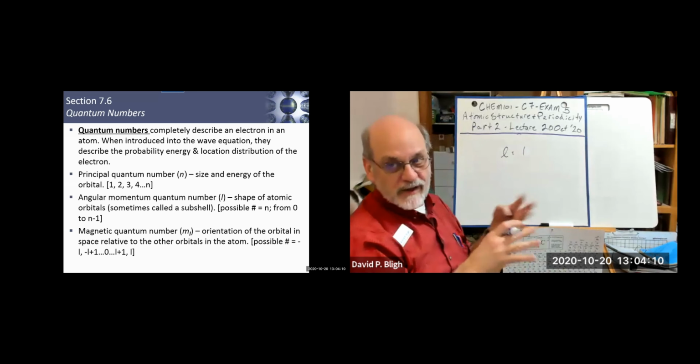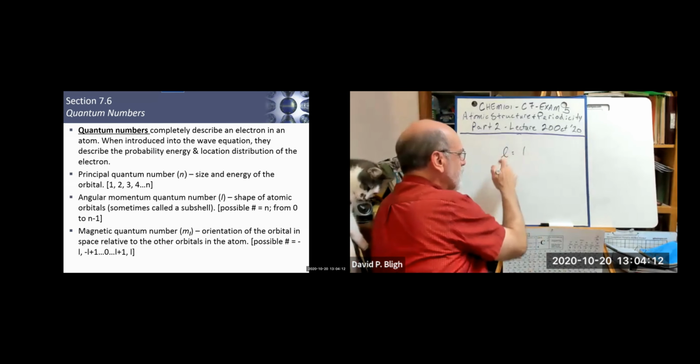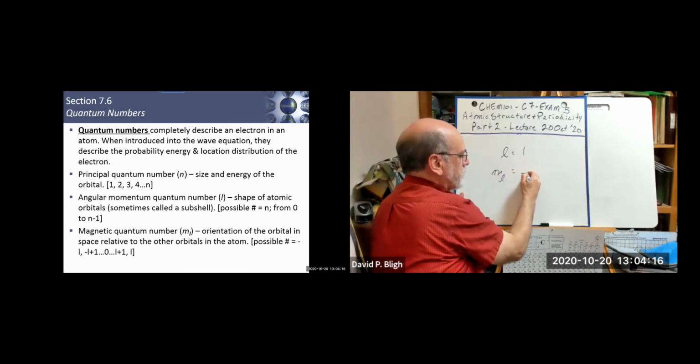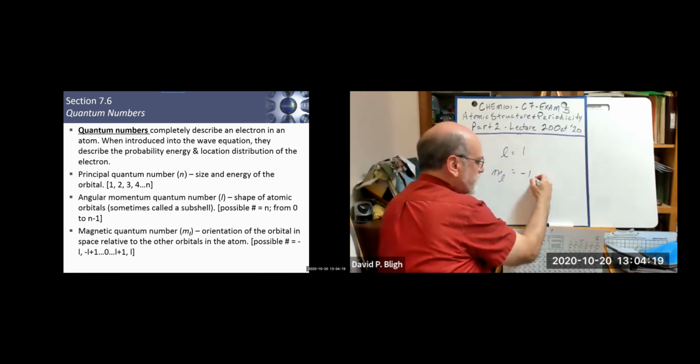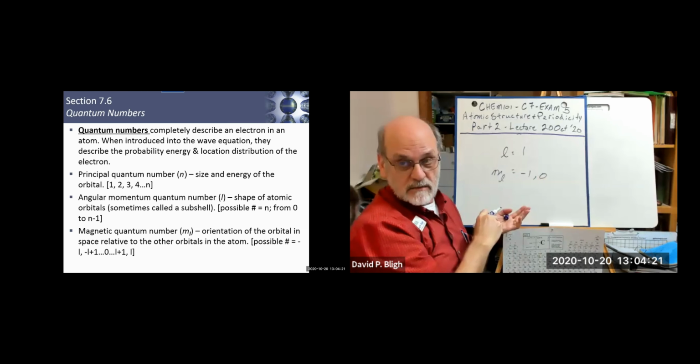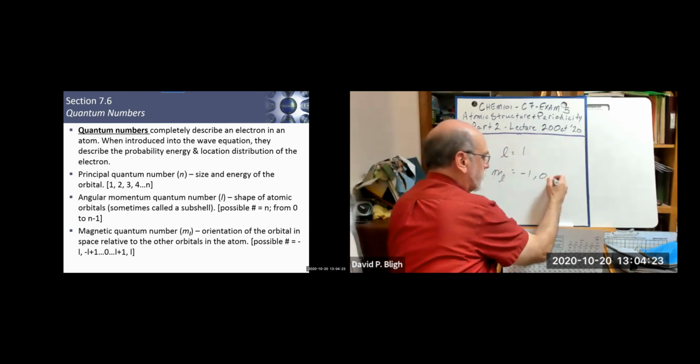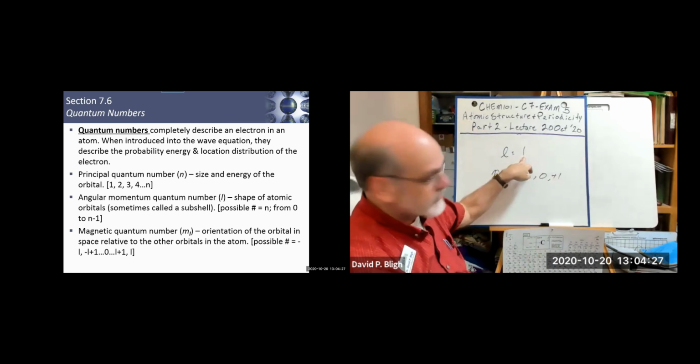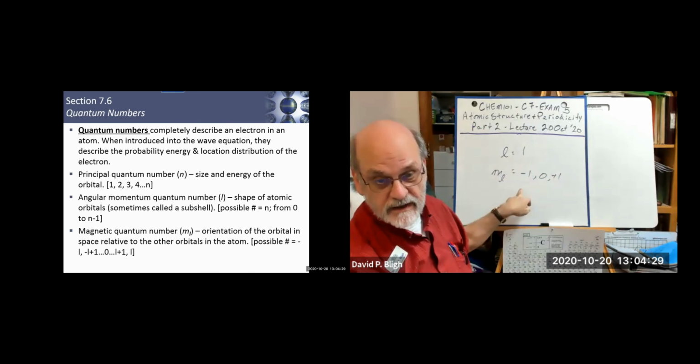I don't want to get too complicated early. So the possible m sub L's would be -1, step up to the next, 0, +1. So out of this 1, you can get 3 m sub L's.